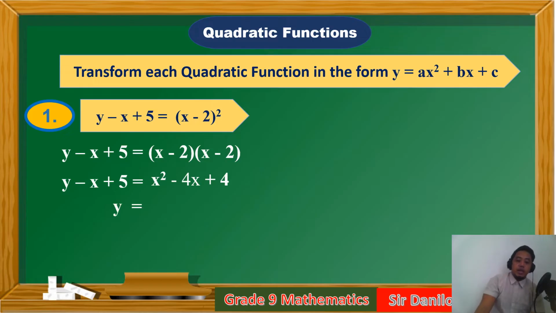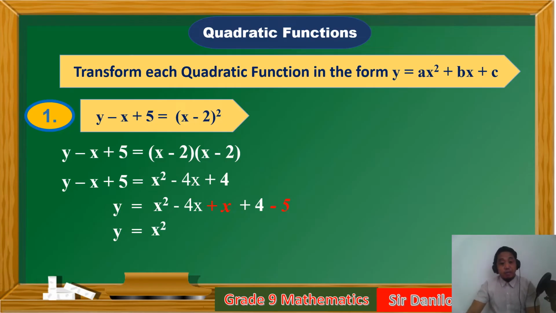Okay, so, we will have y is equal to x squared minus 4x plus 4. Negative x will go to the other side, so magiging positive. Change the sign na lang tayo. And then, positive 5 will be negative 5. And just combine the similar terms. So, you will have y equals x squared, and then negative 4x plus 1x.